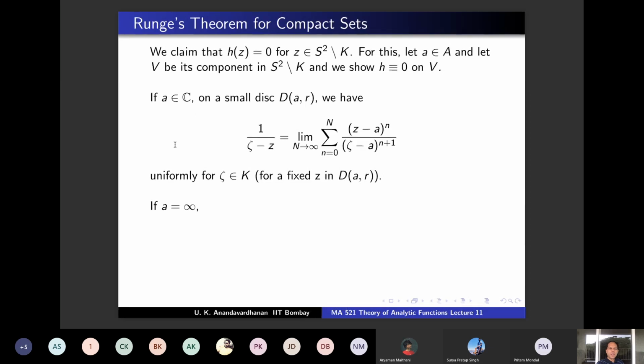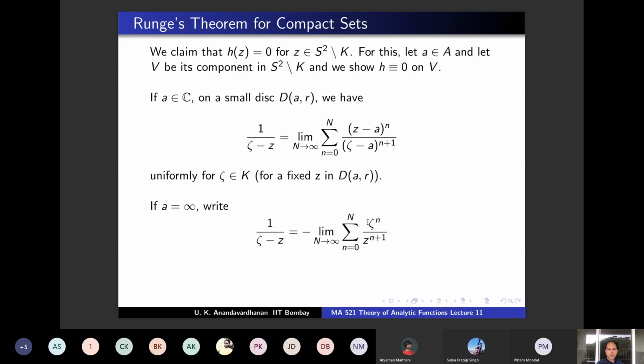If A is infinity, there is a similar argument, like in the negative part of the Laurent series expansion. 1 by zeta minus z you can expand as minus summation zeta power n by z power n plus 1, and as a function of zeta this has a pole at infinity.